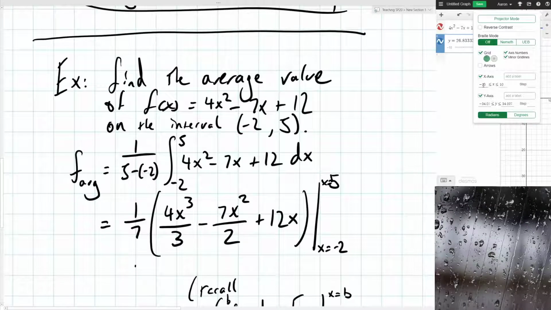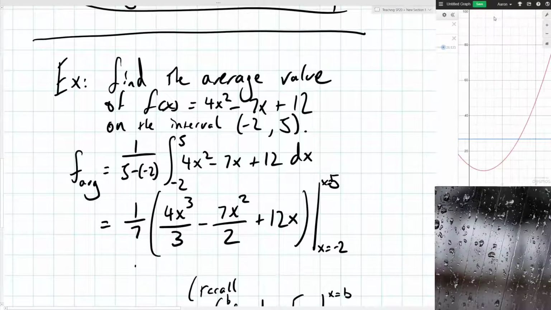And let's make our window between negative 2 and 5, and we'll go between 0 and 30. There we go. And you guys can see the blue line is our average value, while the red line is our function there.